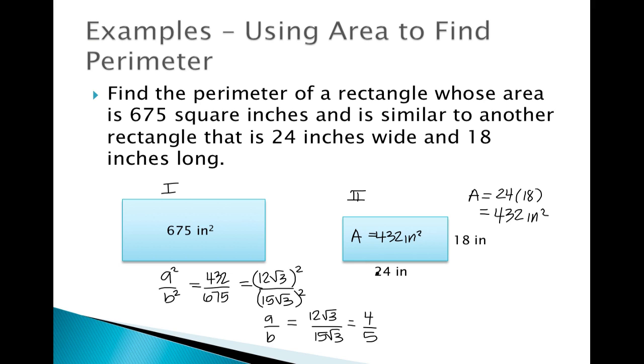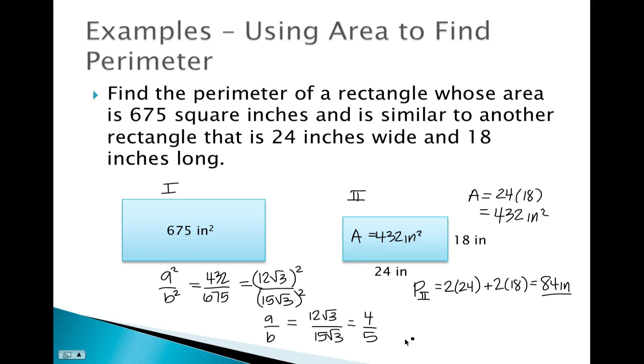Now let's find the perimeter of figure 2. We can do that since we have its length and its width. The perimeter of figure number 2 is going to equal 2 times 24 plus 2 times 18, and that equals 84 inches.